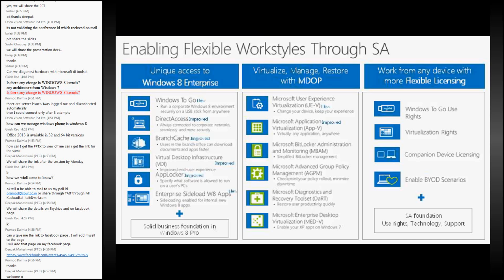Let's say I have a laptop, a PC, and a Windows to Go device. In that case, UEV will help you roam your experience and keep the same experience without reconfiguring applications or settings in Windows.